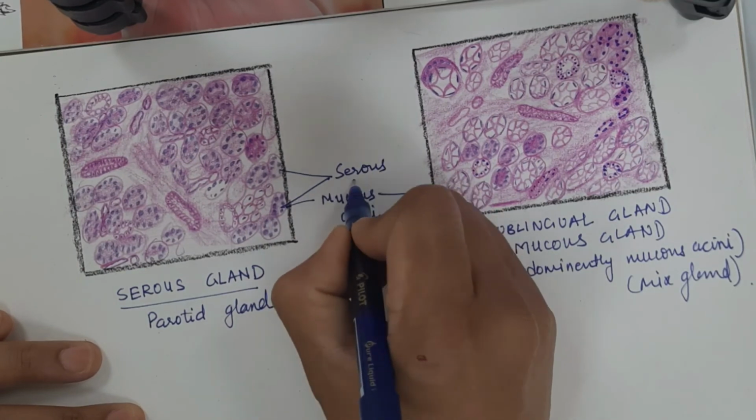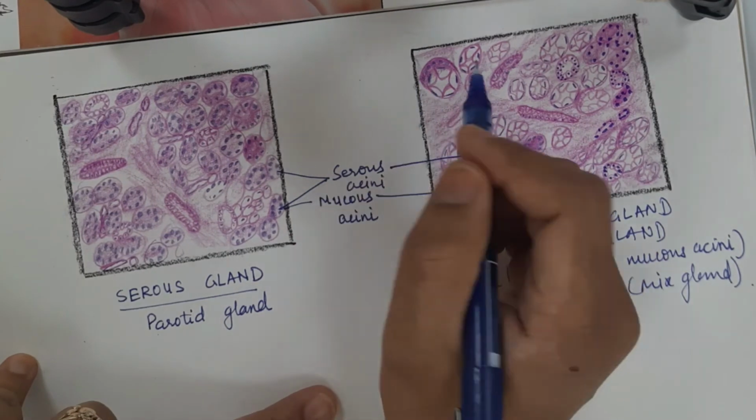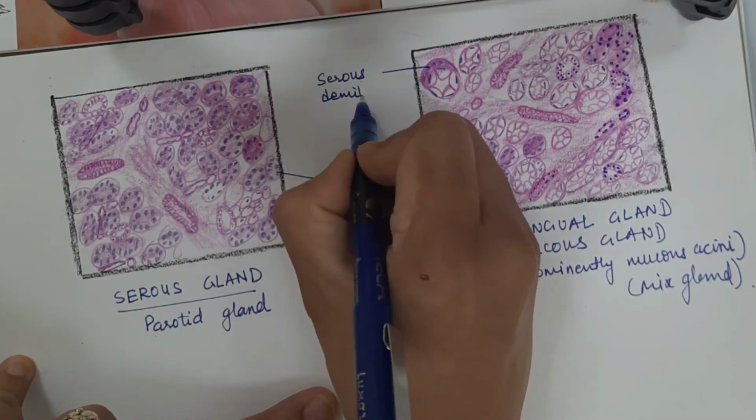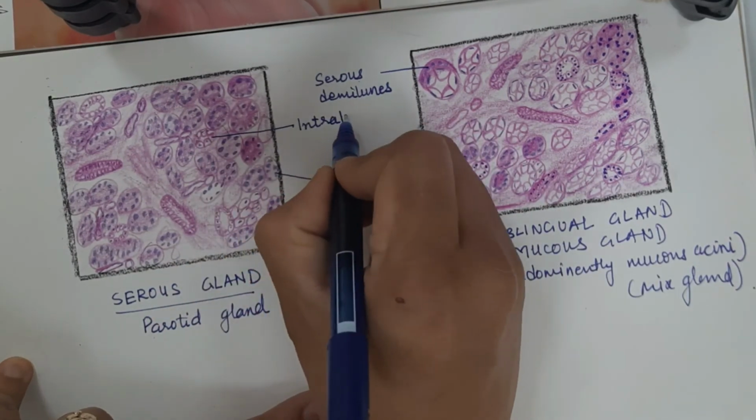Serous acini present in both glands. Serous demilunes: the serous cell caps over the mucous cell.